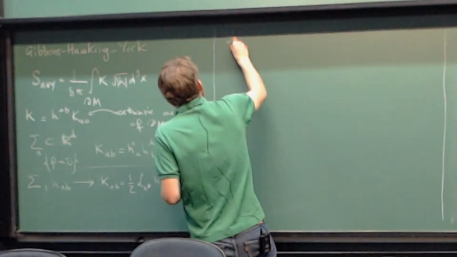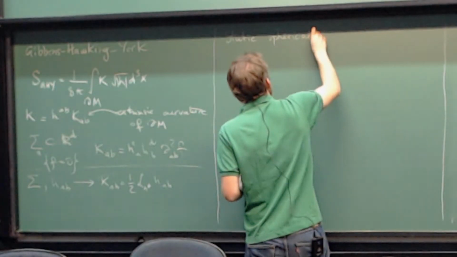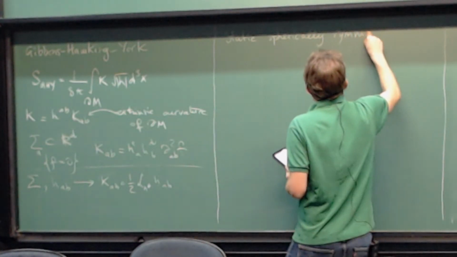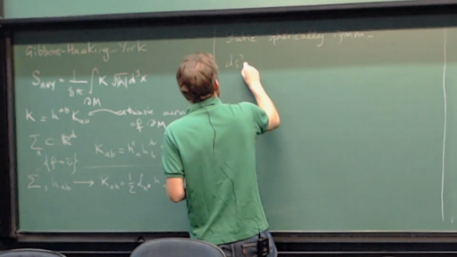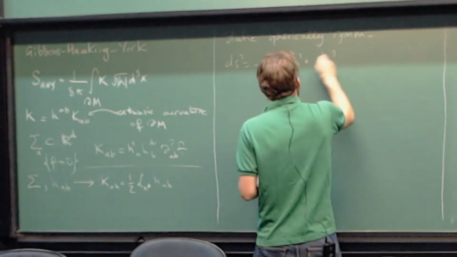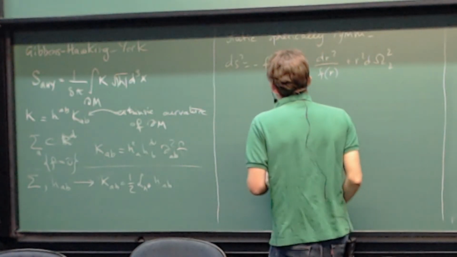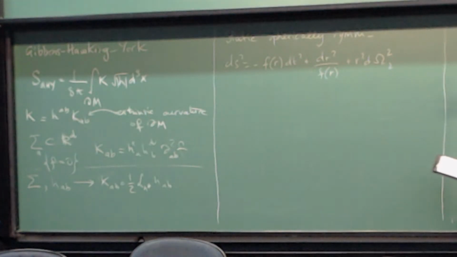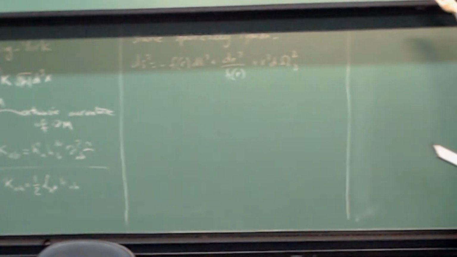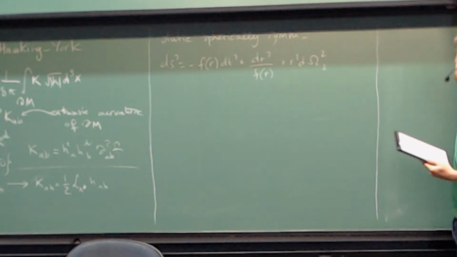So let's consider the case that I had introduced on Tuesday: statically, spherically symmetric spacetimes. Now, we are considering all these spacetimes, and we want to compute the action for spaces that fill this type of tubes.